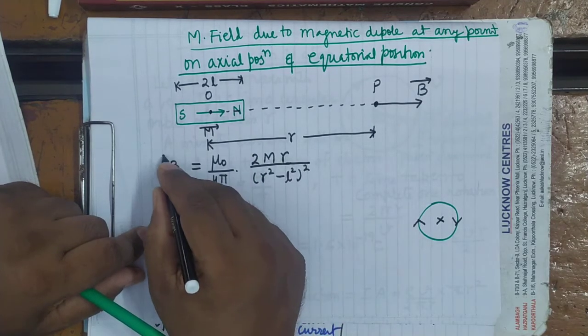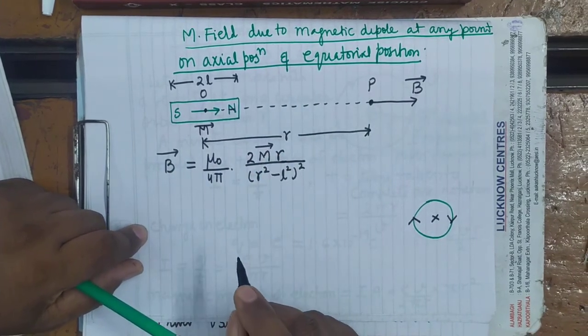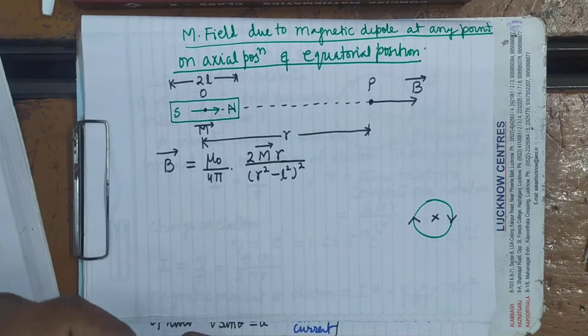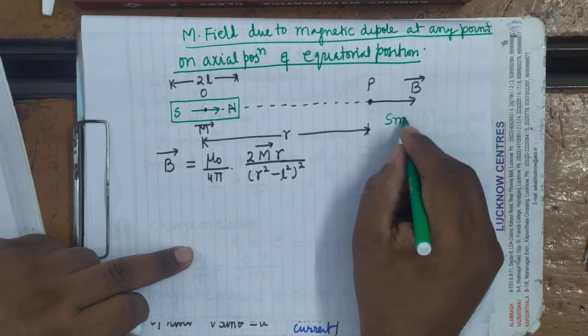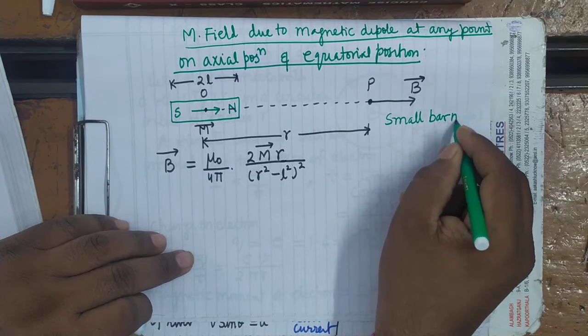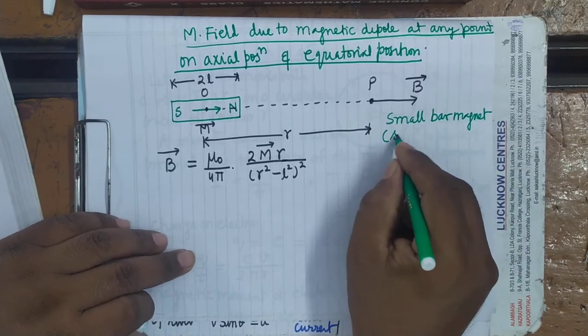So how will you write it in vector form? Vector B equals this. Now, if you take a small bar magnet, means a small dipole.